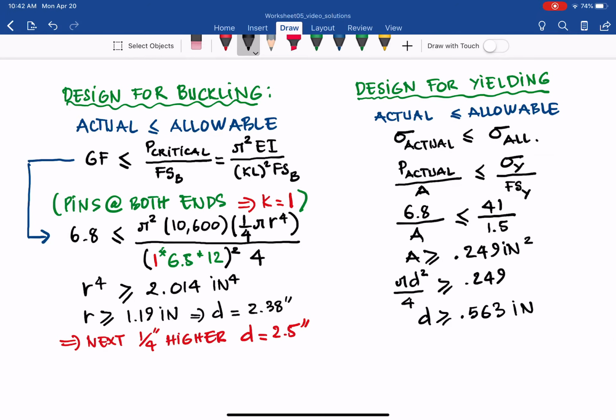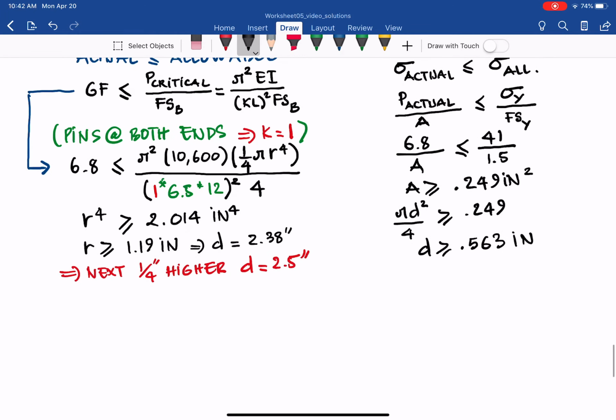So as you can see, between these two you have to go with the higher. So you use, from the two, D equal to 2.5 inches for the circular bar.